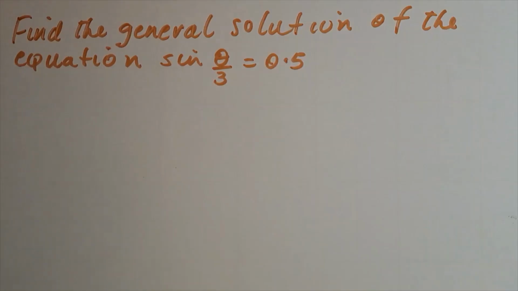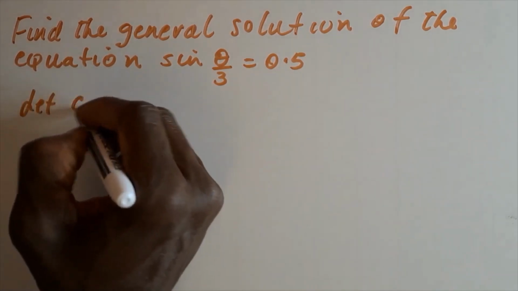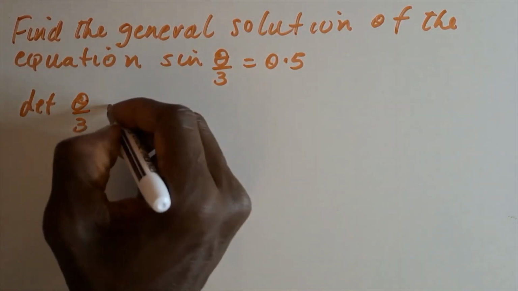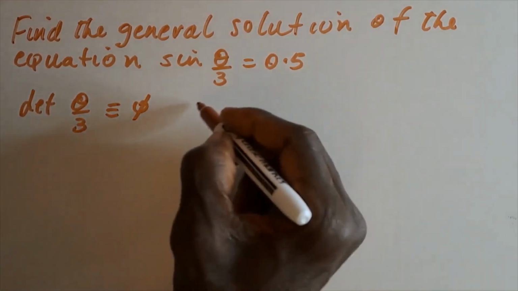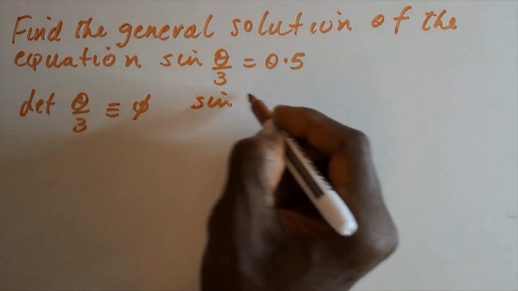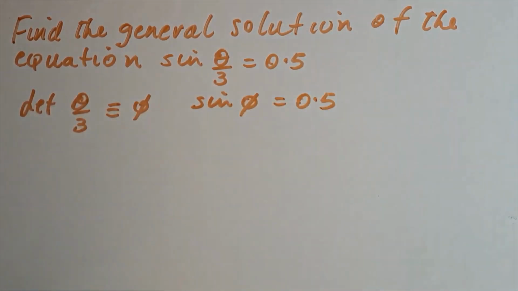Hello. Find the general solution of the equation sine theta over 3 is equal to 0.5. We'll start by letting theta over 3 be identical to phi. This simplifies things so that we can write that sine phi is equal to 0.5.